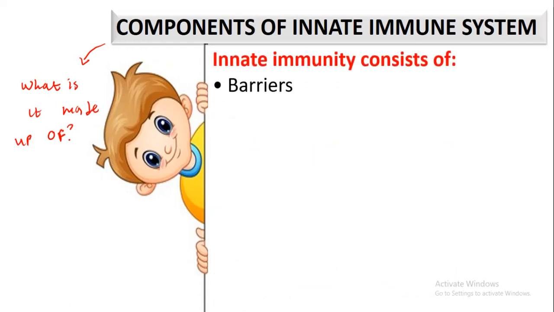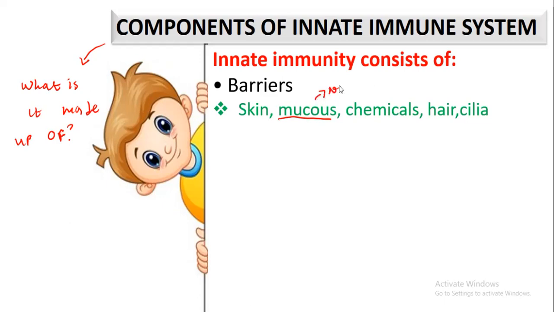So the innate immune system is made up of barriers. These are physical barriers, and when you talk of the physical barriers, we can talk about the skin, the mucus, the chemicals, the hair, and the cilia. Like I have explained using the concept of the nostrils, in the nostrils you can find the mucus.